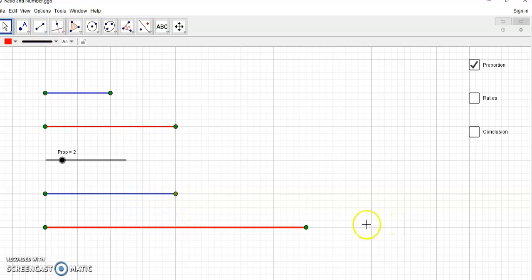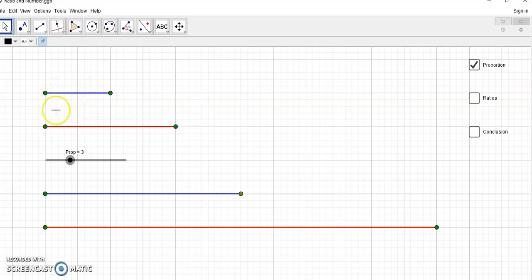So they're in proportion. And of course, they're also going to be in proportion to these lines. So this blue line is in proportion to this line, and this red line is in proportion to this line. And this is how we give the distances in geometry a name.